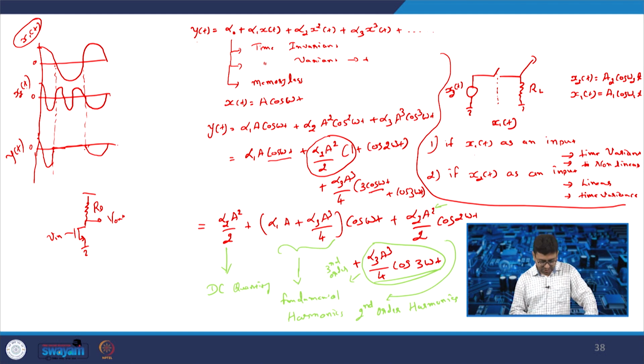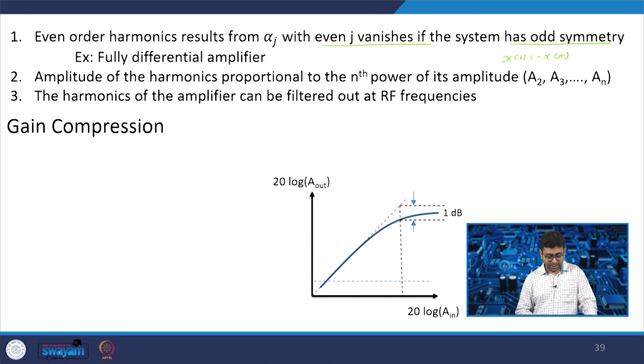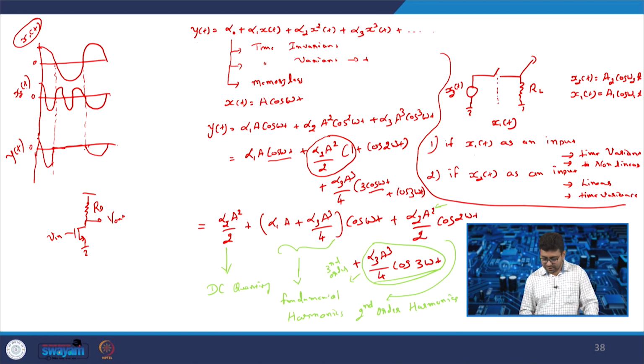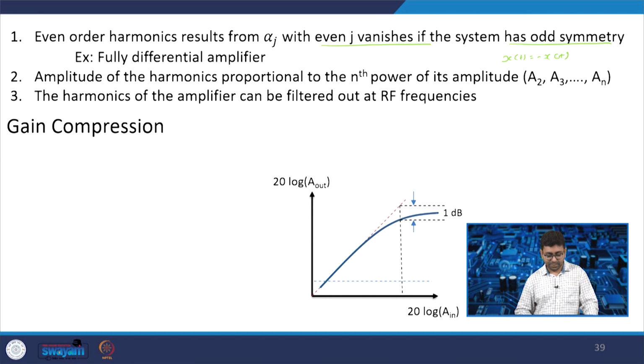So, for differential circuits, that is why it is written that even order harmonics result from alpha j with even j and vanish if the system has odd symmetry.